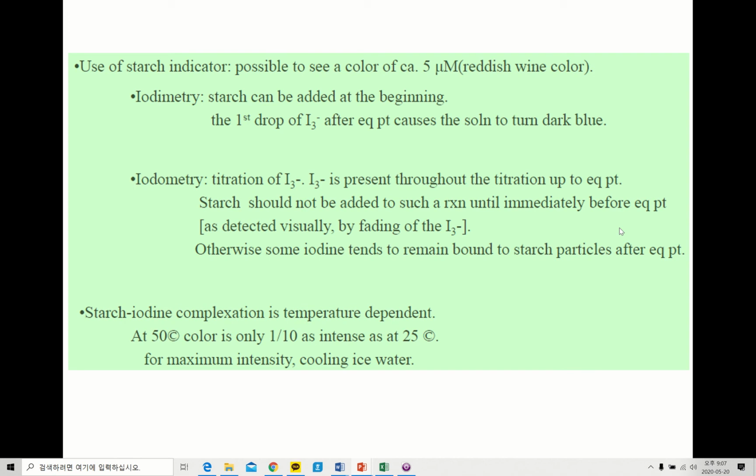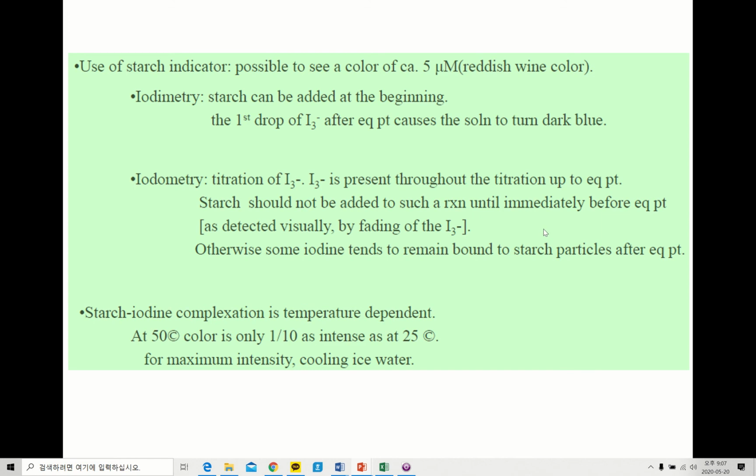In iodometry, you pick up the point where the dark blue color disappears. So it is detected visually by the fading of the triiodide color.